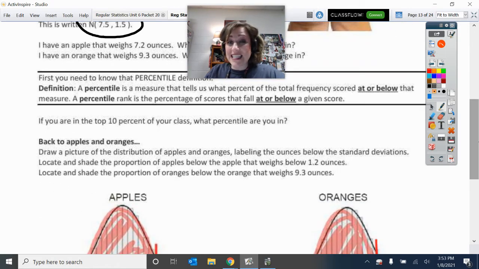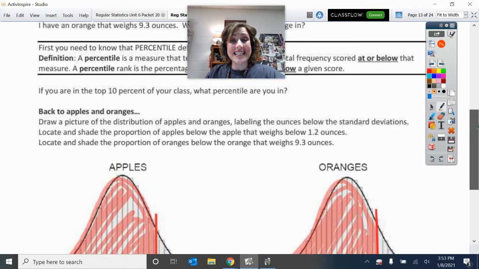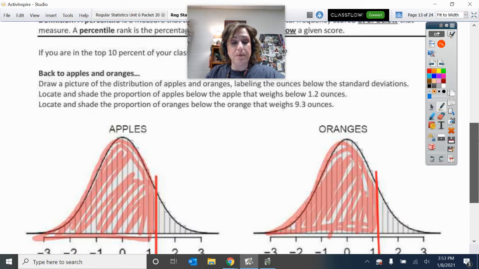So if you're in the 90th percentile for height, 90% of the comparable group is shorter than you. If you're in the top 10% of your class, what percentile are you in? That's the 90th percentile. Top 10% has 90% below you.